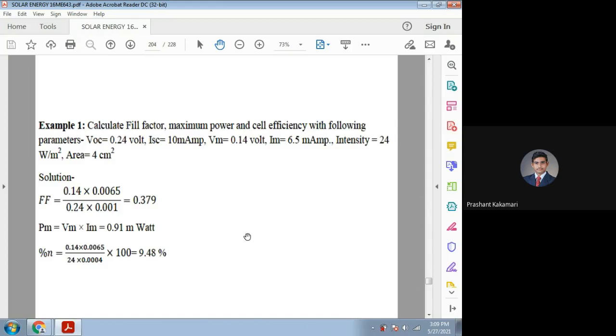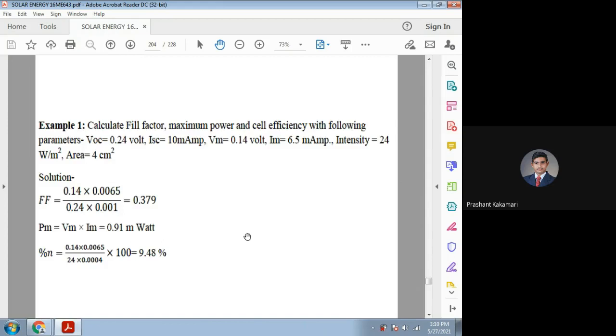Now the efficiency. The efficiency is nothing but the same ratio, Vm Im divided by the total input power. Total input power is nothing but the solar intensity falling on the given cells for the given area. The intensity of the solar radiation is given in watt per meter square, but the area of the cell is 4 centimeter square.